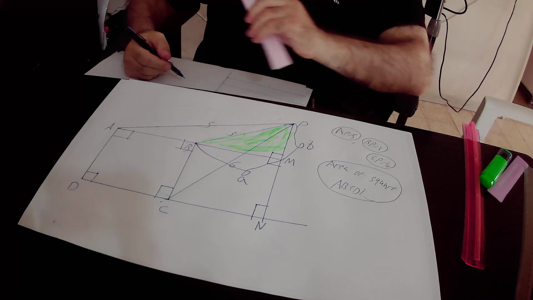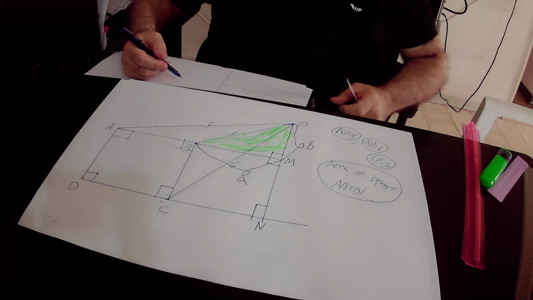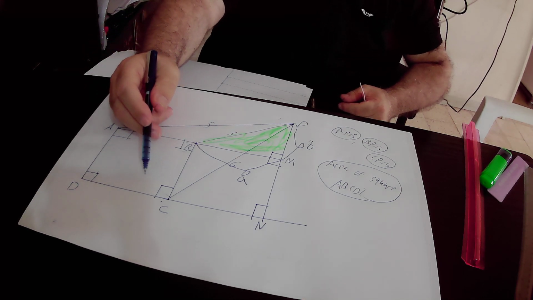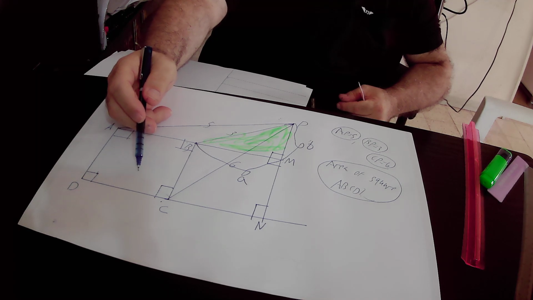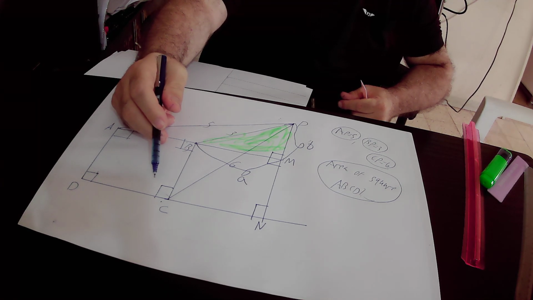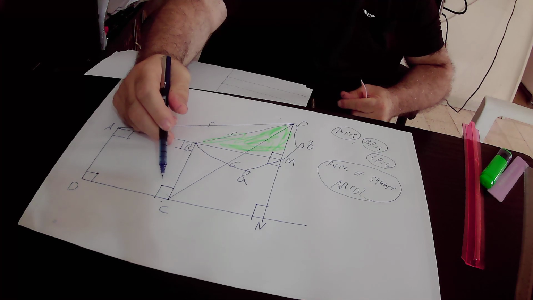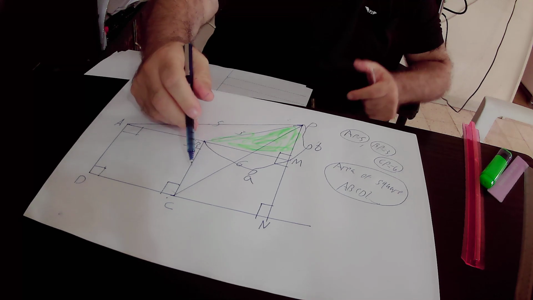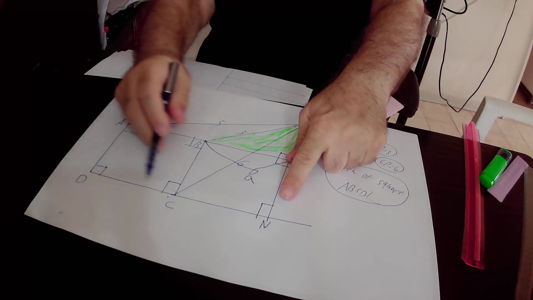And here DC is one side of square ABCD, therefore it is absolutely a straight line. Then we extended the straight line DC by a straight line, and the result is DN.